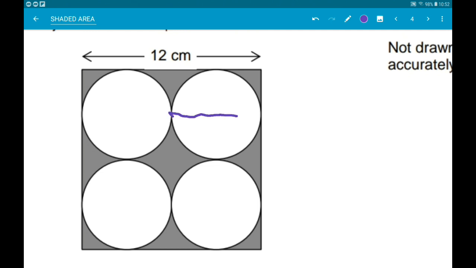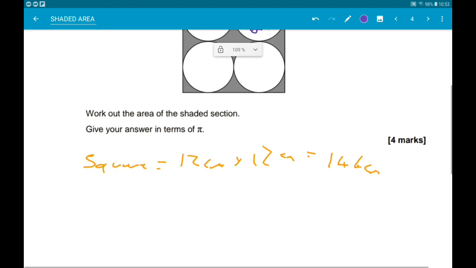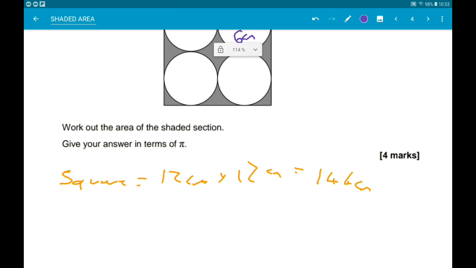So the diameter is 6, which means the radius is 3 centimeters. So the area of a circle is pi times 3 centimeters squared.